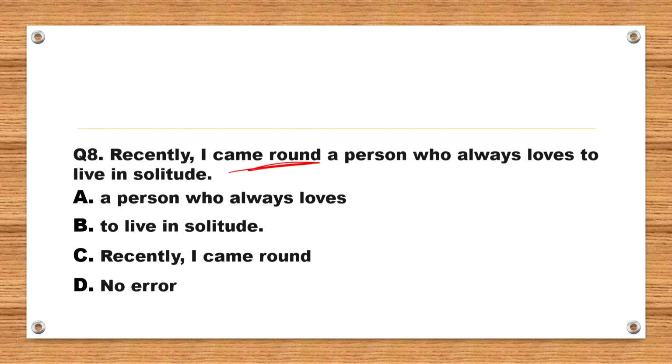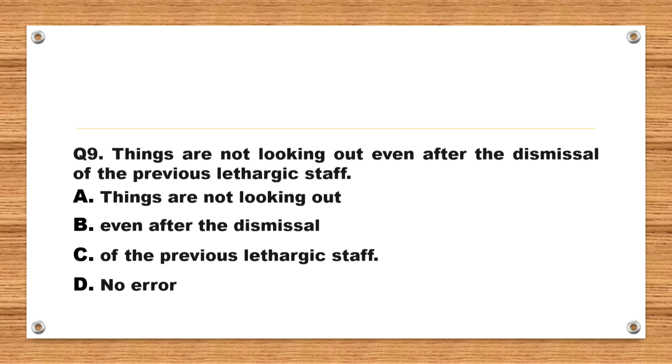Hence, the correct phrasal verb should be came across, which means to meet by chance. So, the correct sentence should be: recently I came across a person who always loves to live in solitude. Now, next.